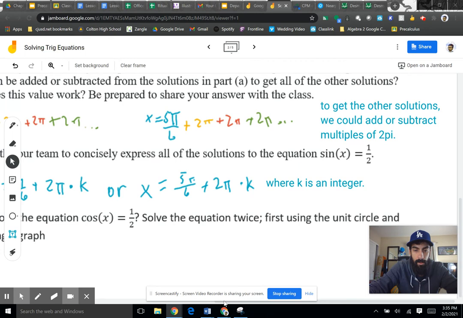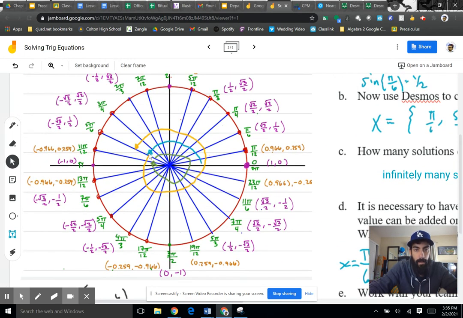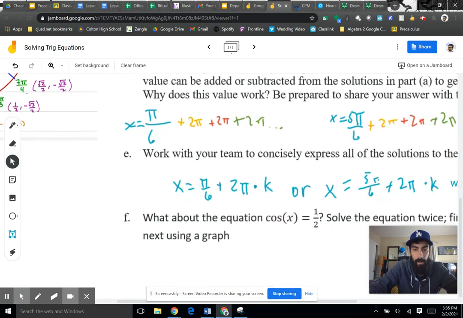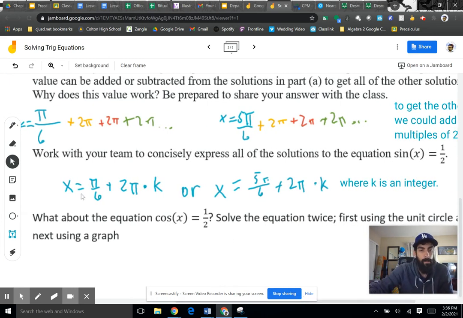So that would be like starting at 5 pi over 6 and going backwards around the unit circle 2 times. And that would give us one of our negative angles. So having that as an integer means we can go any way we want. So this is a concise way to express all of the solutions here.